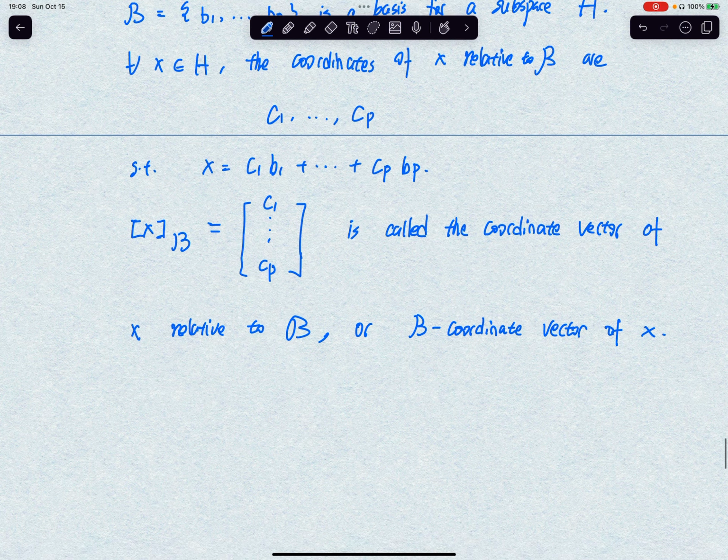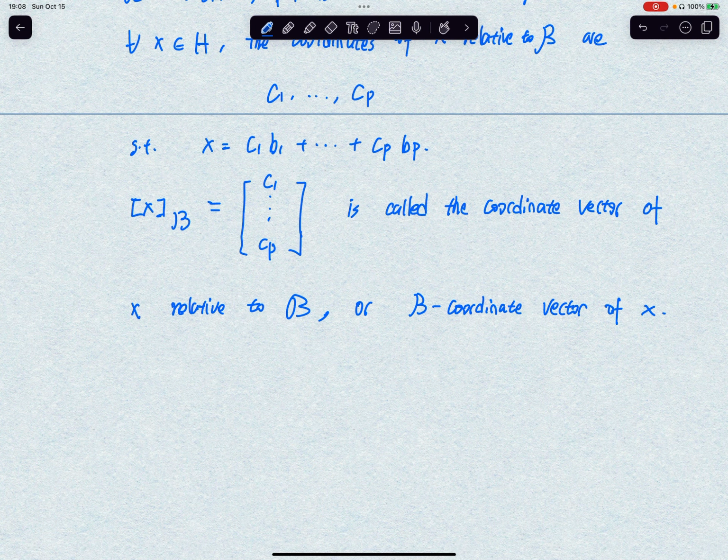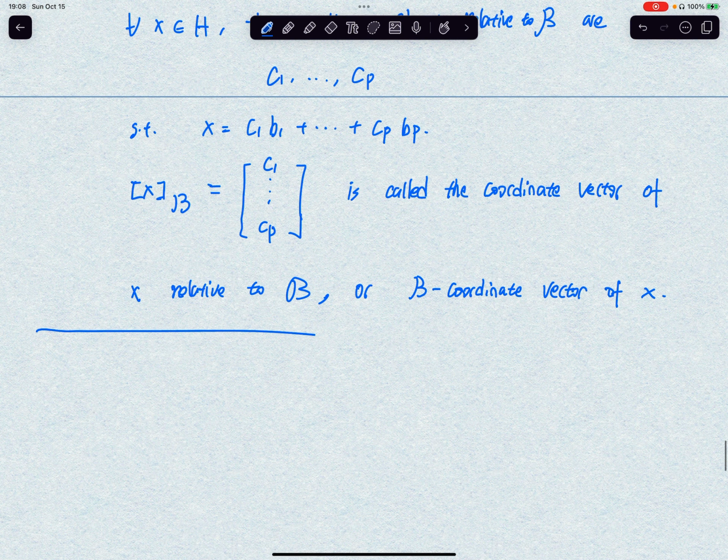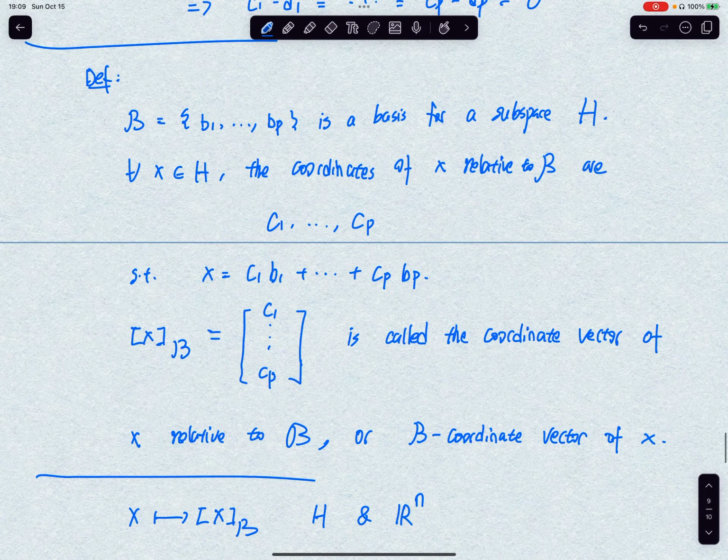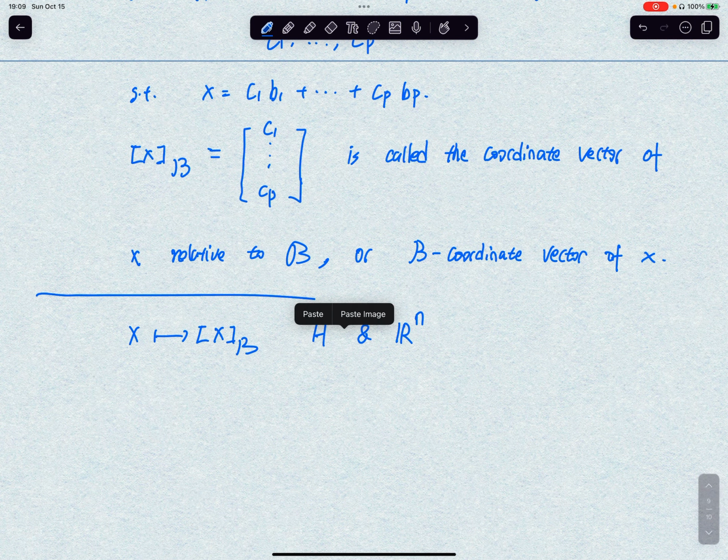Note that the map x to its B-coordinate vector is a one-to-one correspondence between H and Rp. Sorry, H and Rn. We are assuming that the whole space is Rn and p is smaller than or equal to n.